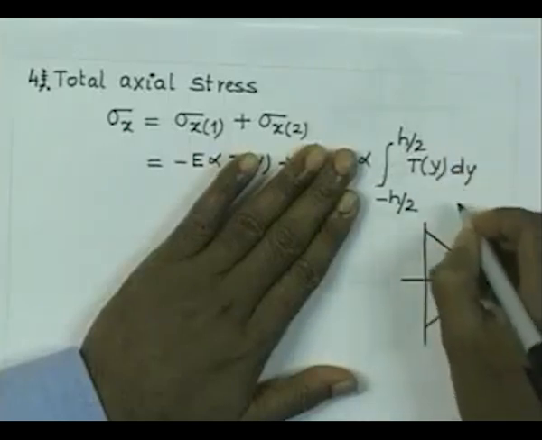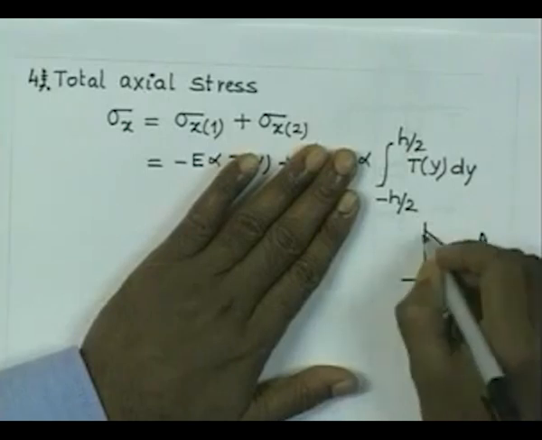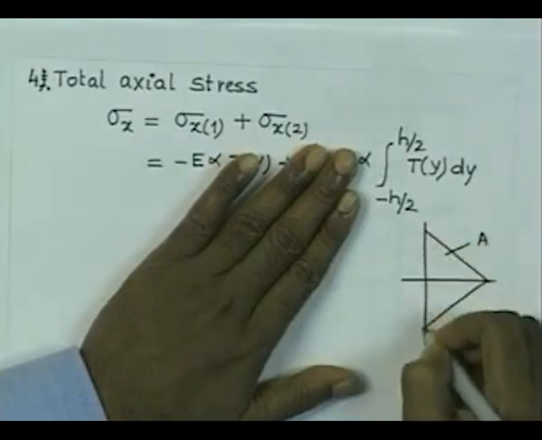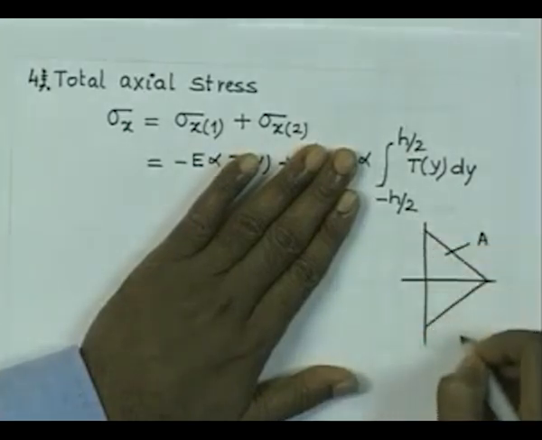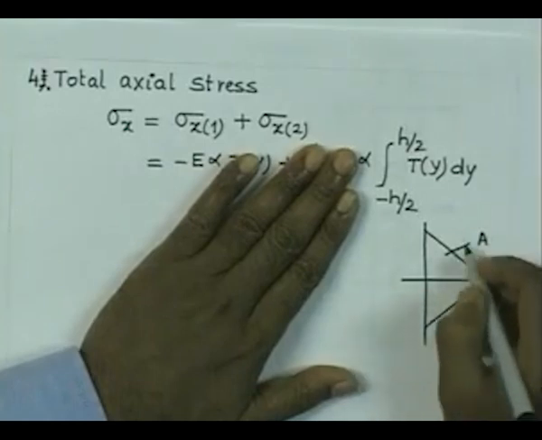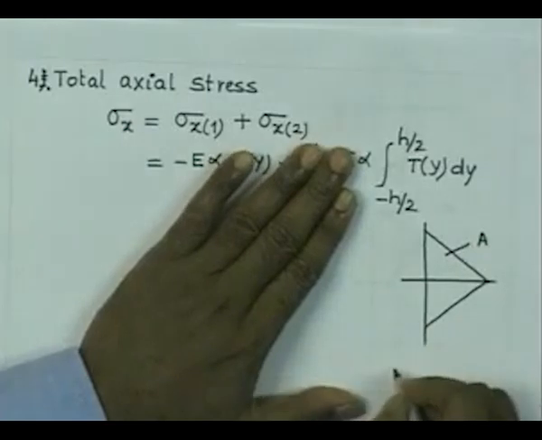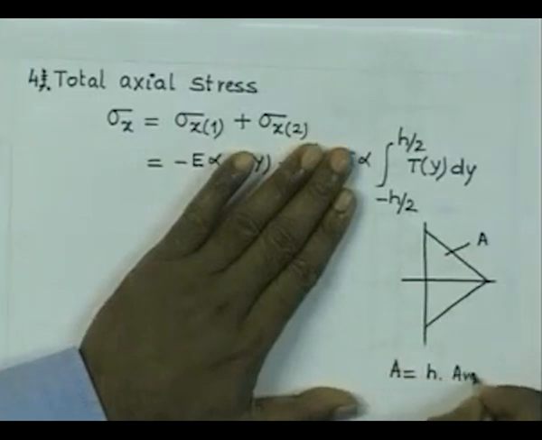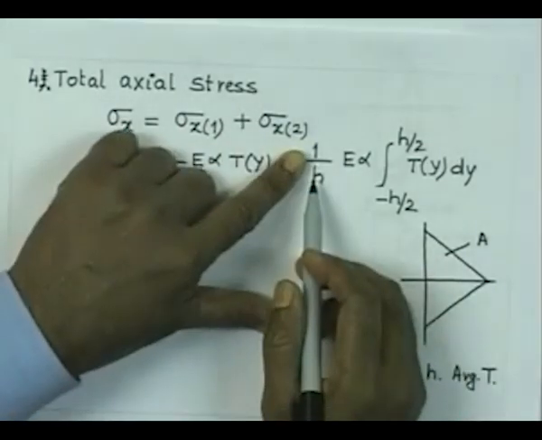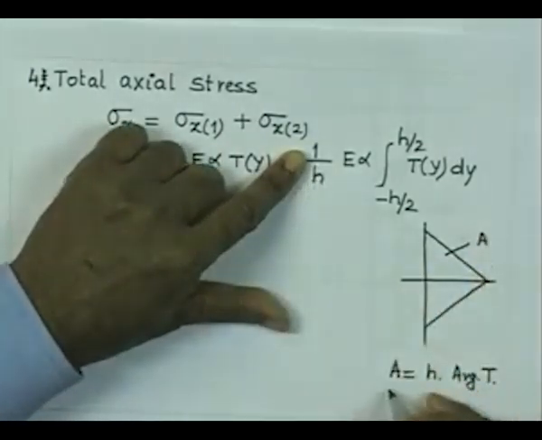And if we divide by this height, that gives us the average height, and therefore we can now get the area to be given by this base H into average T. So, that is the area. We have this area divided by H, which is nothing but the average temperature.